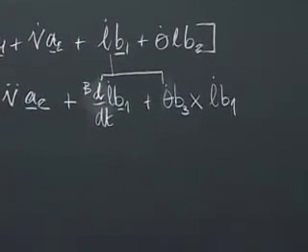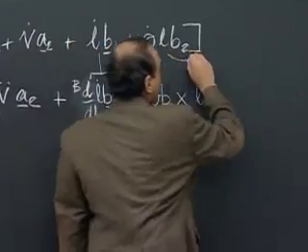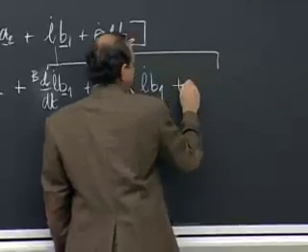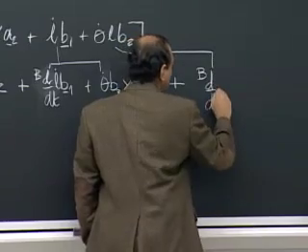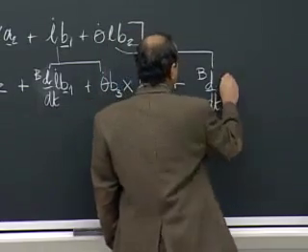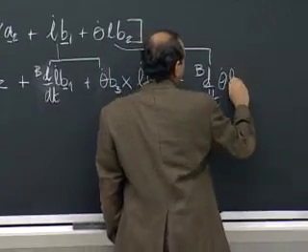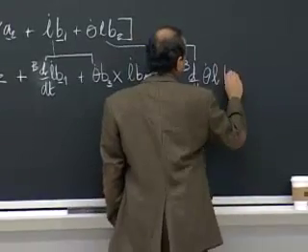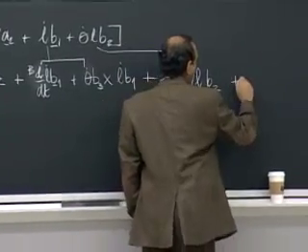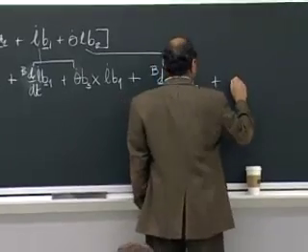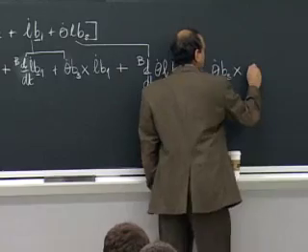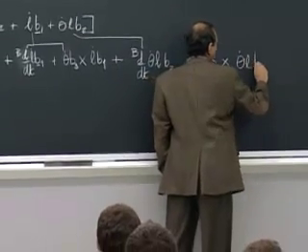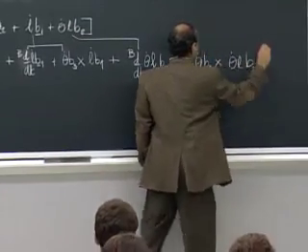And what do I do with the next term? I repeat it. So I'm going to get B d by dt of theta dot L B2, plus A omega B, which is theta dot B3, cross theta dot L B2.